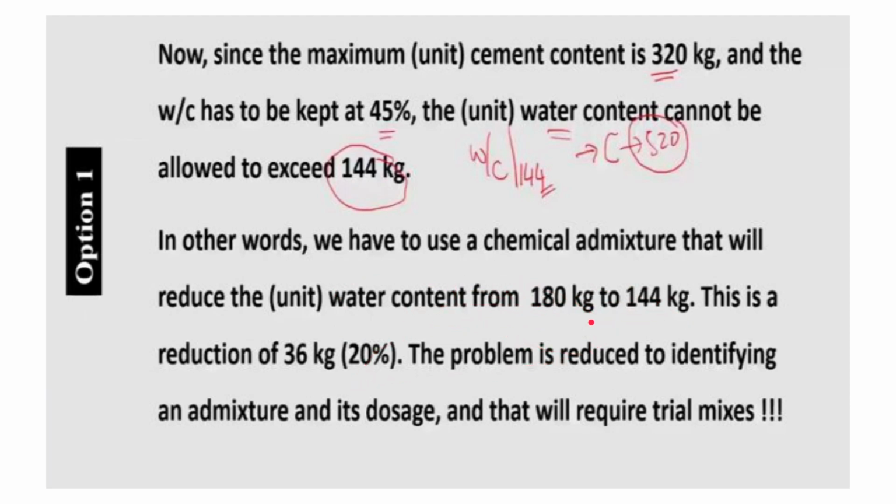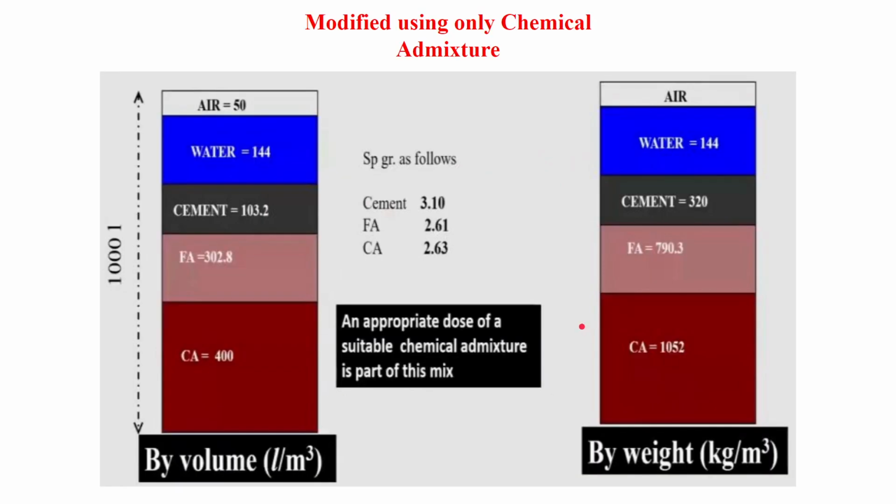So we need to find a suitable chemical admixture which, for a particular dosage, is capable of reducing the quantity of water required from 180 to 144. If we use that appropriate dose of a suitable chemical admixture, we will get the required value.